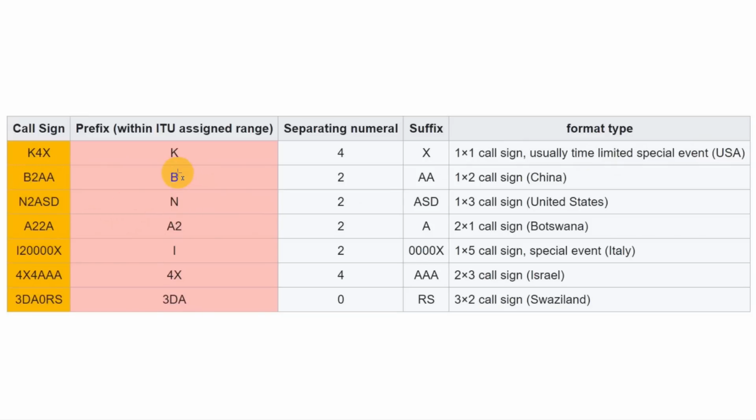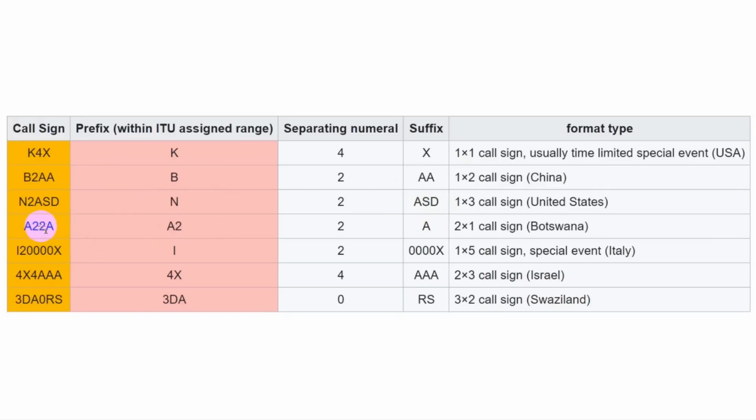The B is the prefix, which B is for China, strangely. And then the separating numeral is 2, and then AA is the suffix. Here is a normal American call, N2ASD, where N is the ITU assigned prefix, 2 is the call district, and ASD is the assigned area.